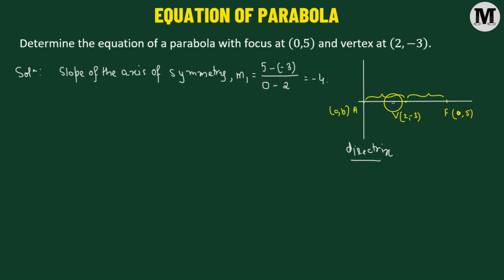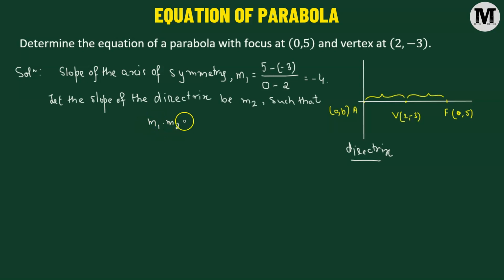Now, if we know the slope of the axis of symmetry line, we can also find the slope of the directrix line, because from the properties of straight lines, we know that the product of the slopes of two perpendicular lines is -1. So we consider the slope of the directrix line to be M2, such that M1 multiplied by M2 equals -1.